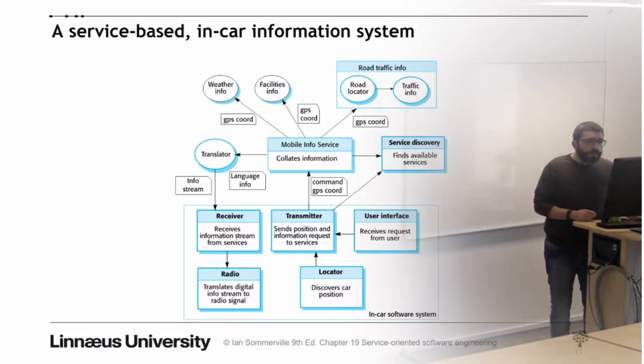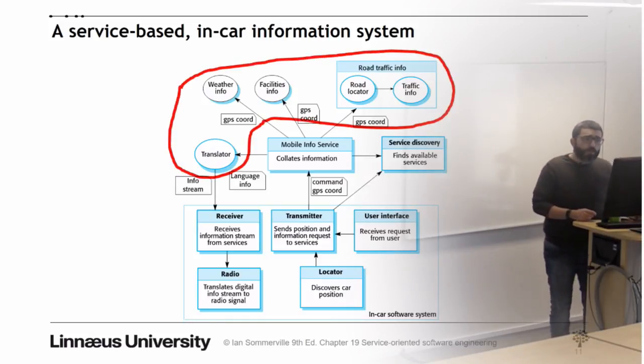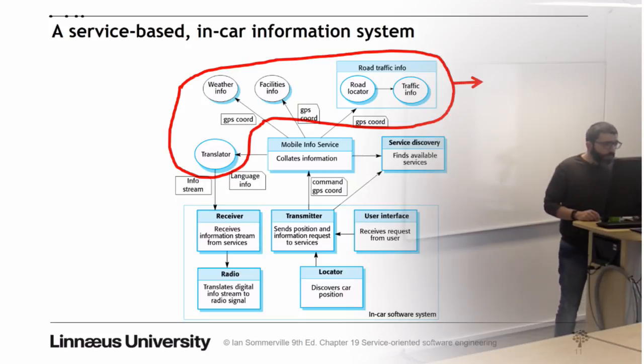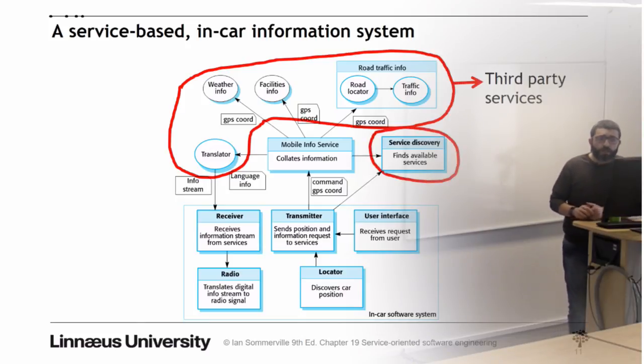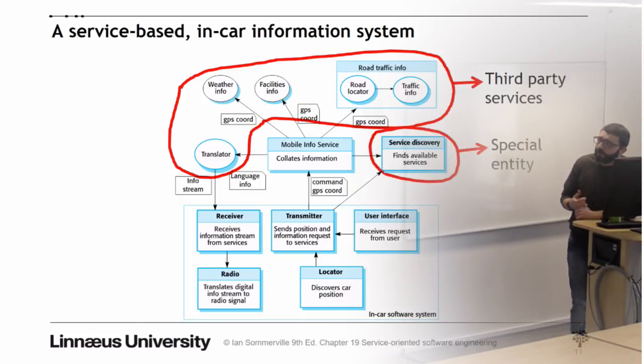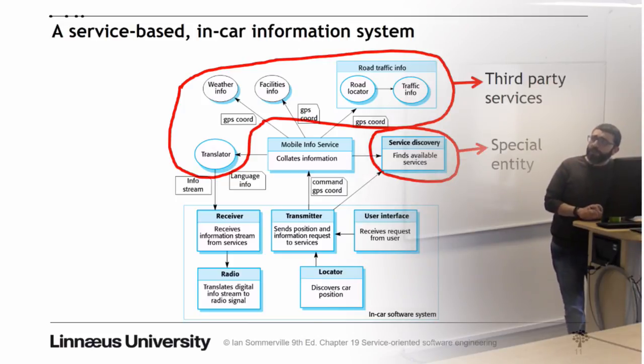And as we can see, all these systems are provided by third-party providers. These are services that exist independently of the in-car information system. So the weather info exists even for people that are not using our own in-car information system.